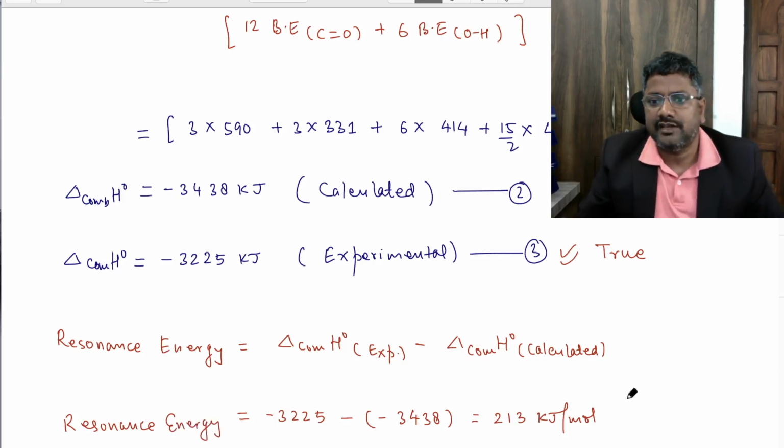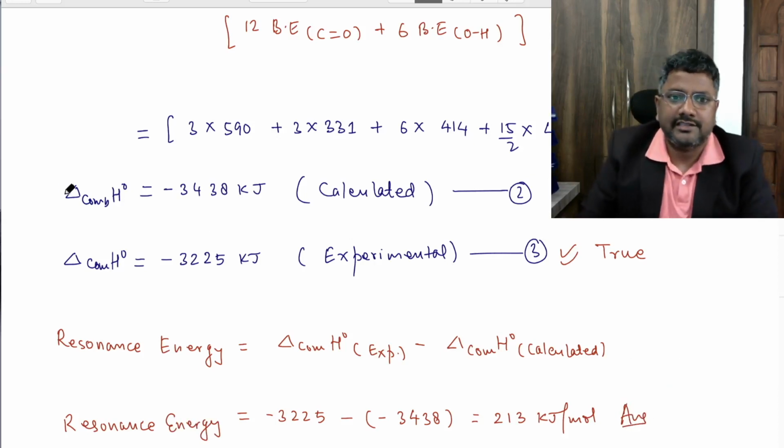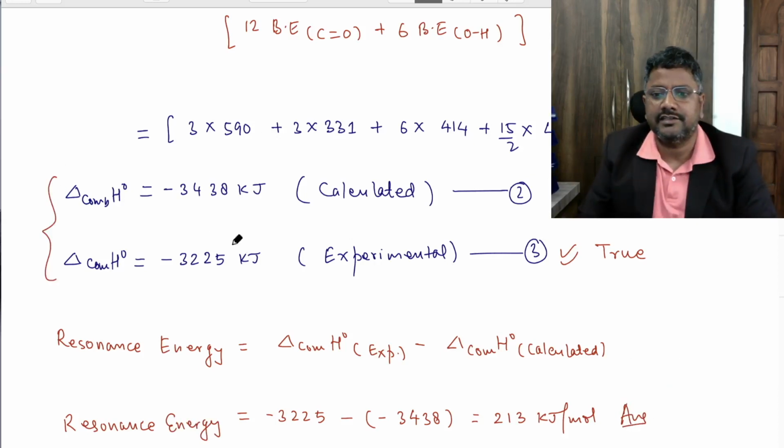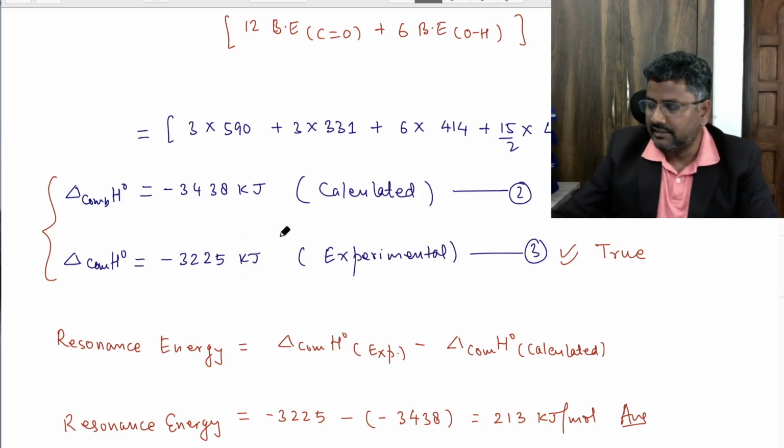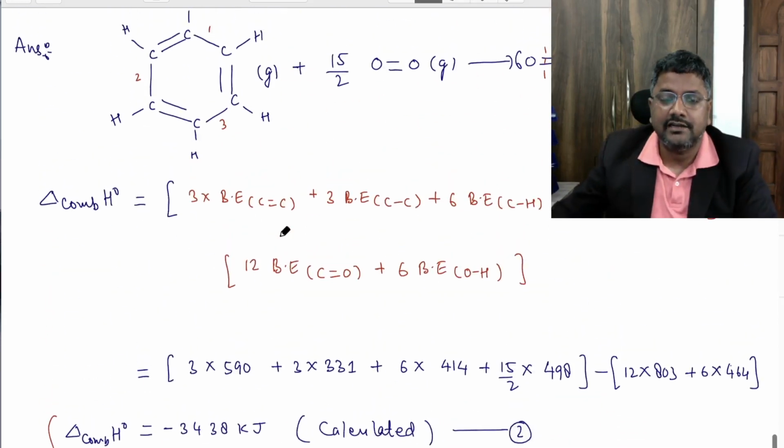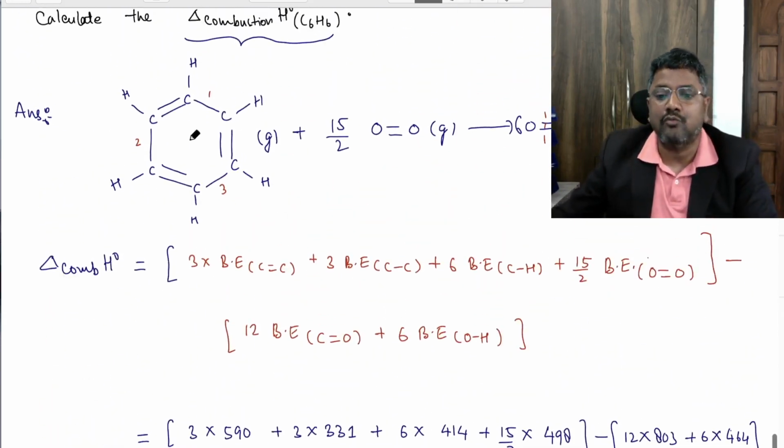So by this way you can calculate the resonance energy. If it is asked somewhere why this discrepancy is there in these two values, your answer is that this is due to resonance, and this is not the exact or real model of benzene. What we are drawing on the paper is not the real molecule.